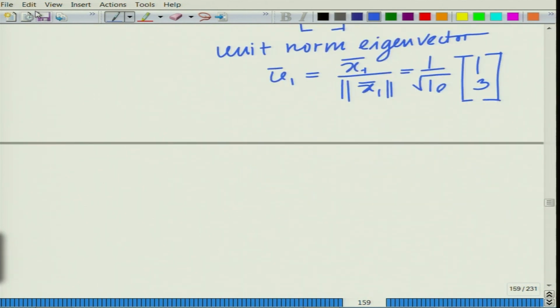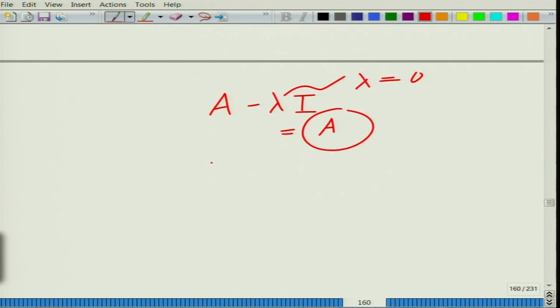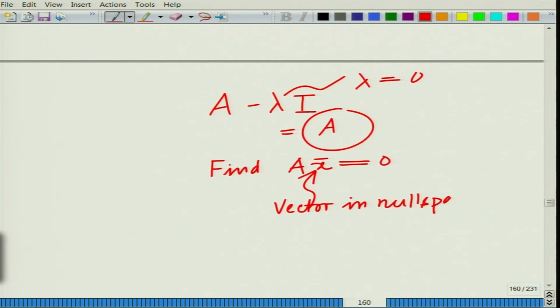Now, similarly, if you look at A minus lambda I corresponding to lambda equal to 0, this will simply be A. To find the eigenvector corresponding to lambda equal to 0, basically we have to find the null space, find A x bar equal to 0, that is a vector in the null space of A, since lambda equal to 0.